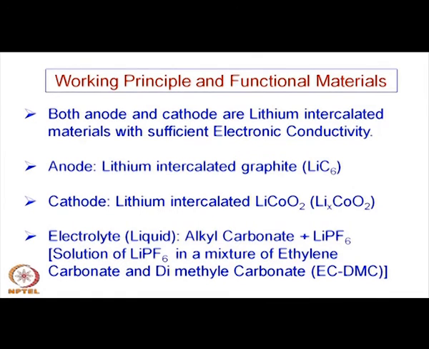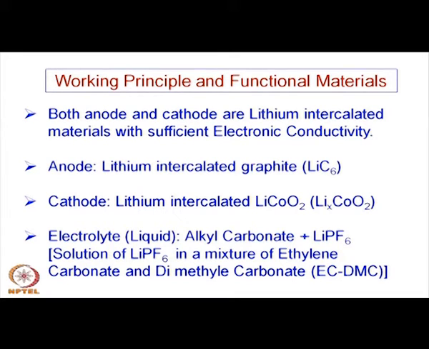Well, the working principle or the functional materials used are relatively simple, it is not that complex. Both anode and cathode are actually lithium intercalated materials with sufficient electronic conductivity. Of course, any battery system, whether it is cathode, anode or the electrolyte, must have sufficient electrical conductivity, and therefore, whether anode or cathode, when it is used in the system, it must have electronic conductivity.